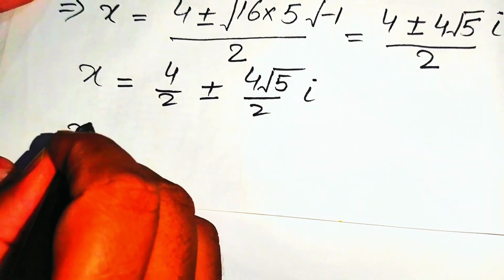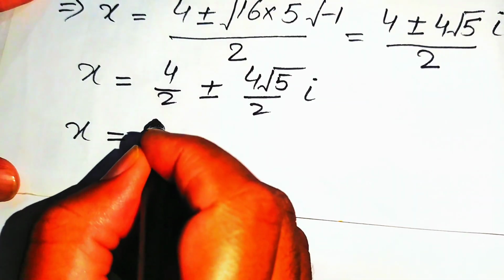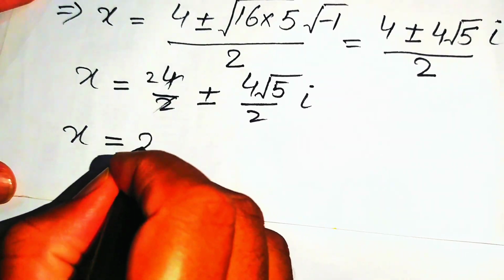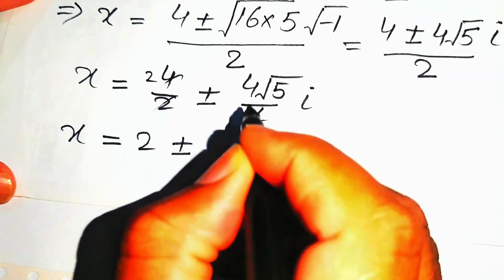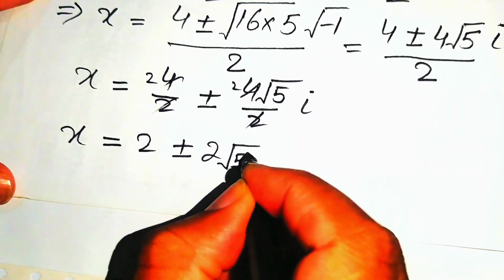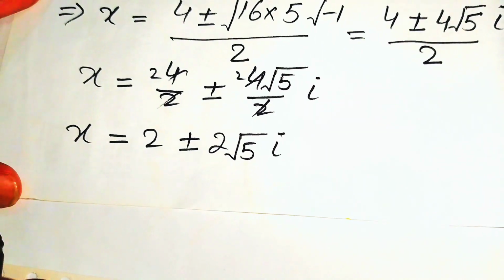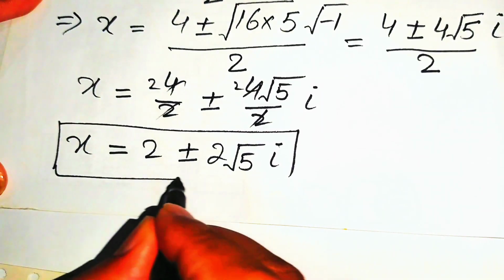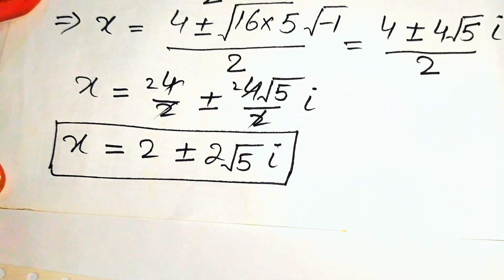After some simplification we get the values of x: 2 plus minus 2 times square root of 5 into iota. So these are the two complex values of x.